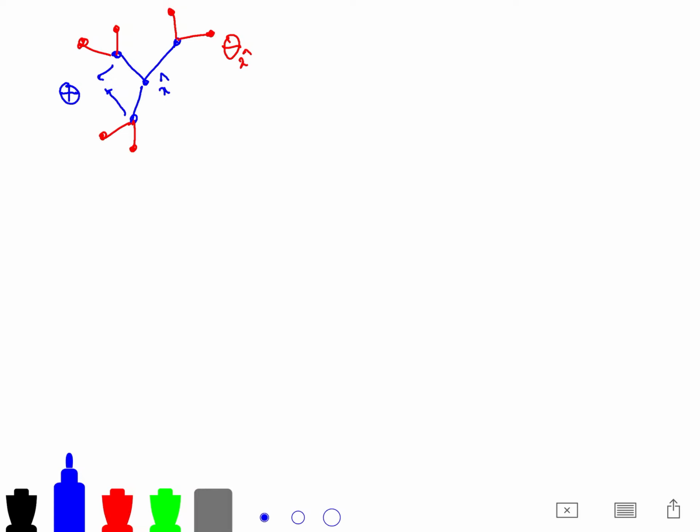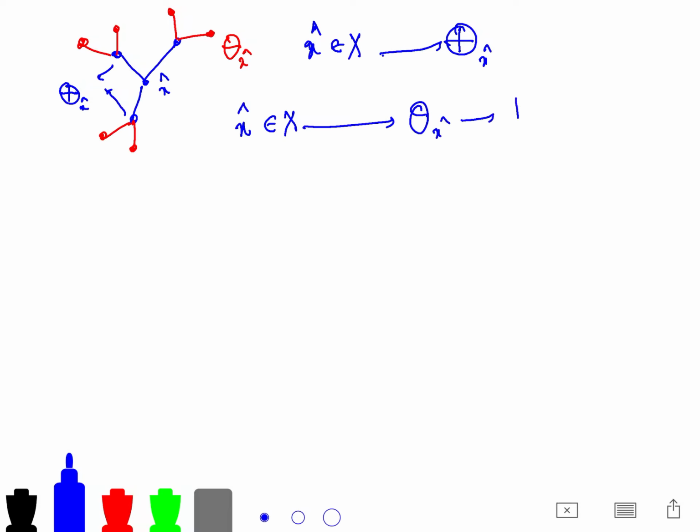So the set of plus for any anchor, because for different anchors we have different sets. So when I say we have access to plus of x hat, it means that examples that are labeled as similar neighbors to x hat. And when I say we have access to minus x hat, it means that dissimilar examples, non-neighbors.